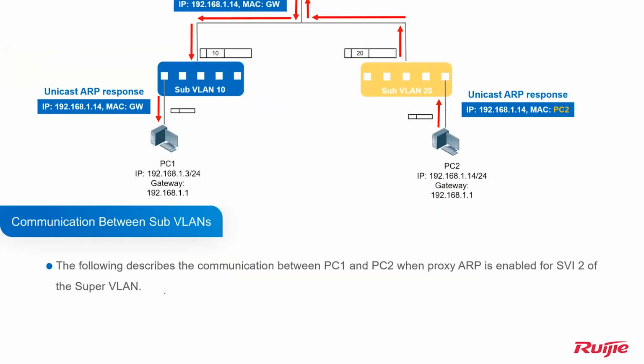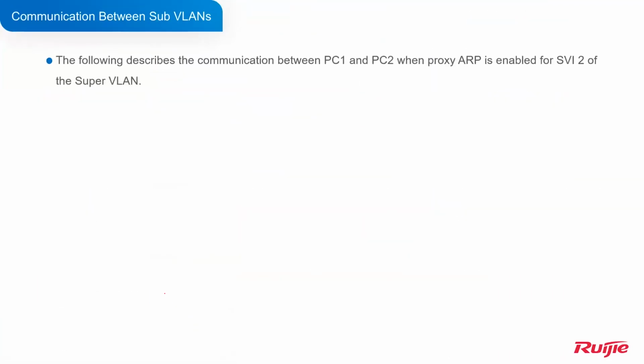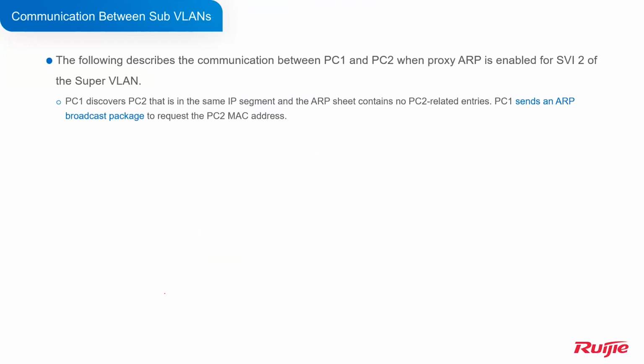Okay, so for this process, let's make a summary. The following describes the communication between PC1 and PC2 when proxy ARP is enabled for SVI2 of the Super VLAN. Firstly, PC1 discovers that PC2 is in the same IP subnet and the ARP table contains no entries for PC2.